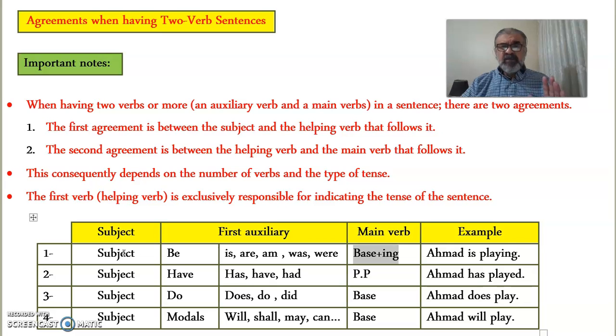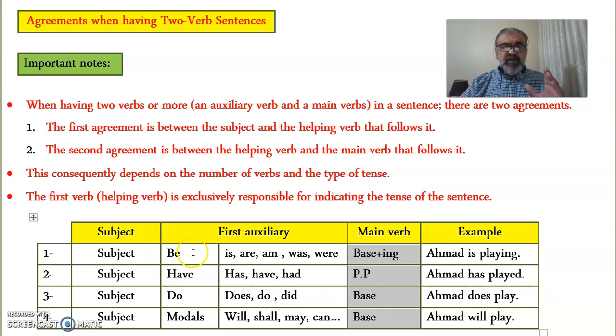Okay, so far? So now again, if we have the verb to be, it should be followed by the verb ing. If we have the verb to have, it should be followed by the past participle or verb 3. And if we have the do or the modals, they should be followed by the base form or the infinitive. And this is called agreement between the helping verb and the main verb.